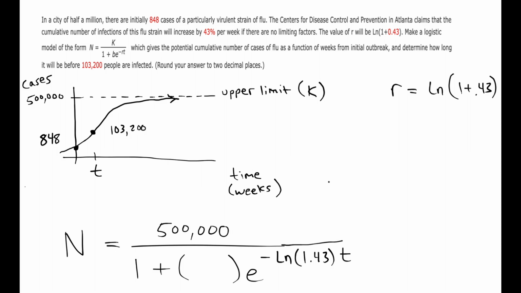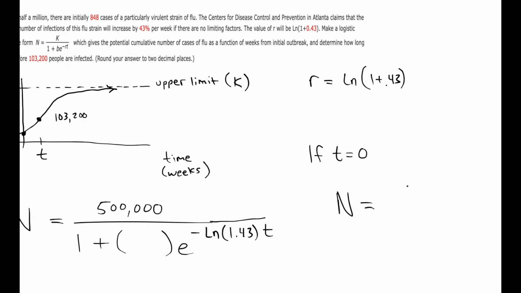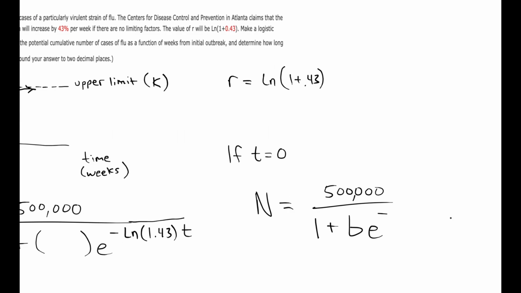So I would start with the idea that when t is 0, then we have a special situation with the formula where you'd have n equals 500,000 over 1 plus b e to the negative r times 0.